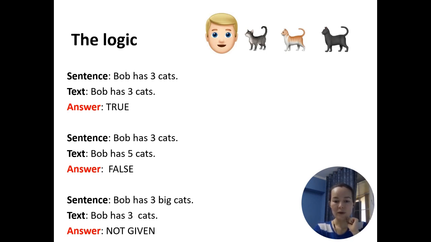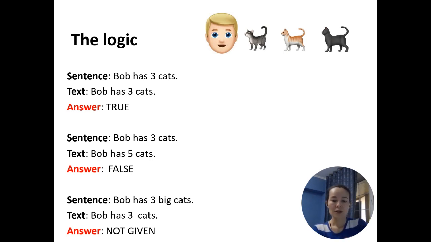However, in the sentence we have big cats. From the text we cannot understand how big the cats are, right? There is no information about the size of cats. Absolutely nothing. So if the information cannot be found in the text, it's not given.